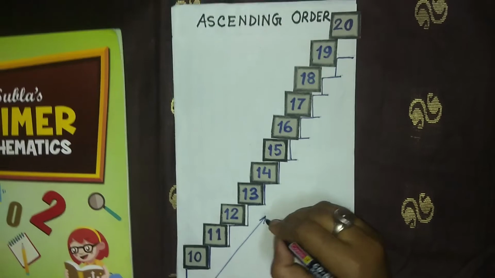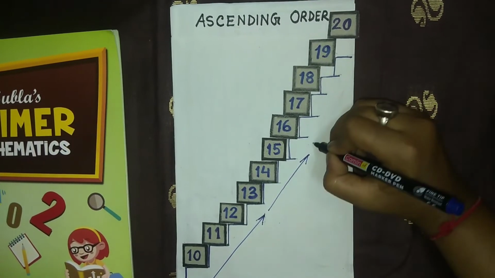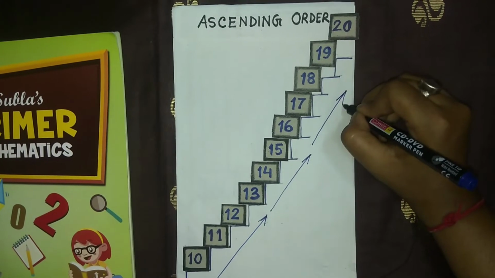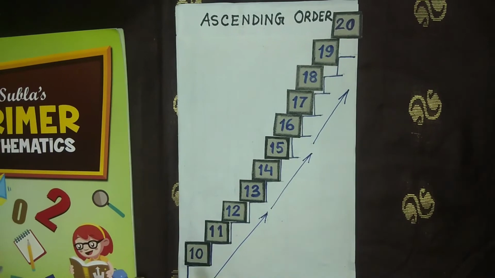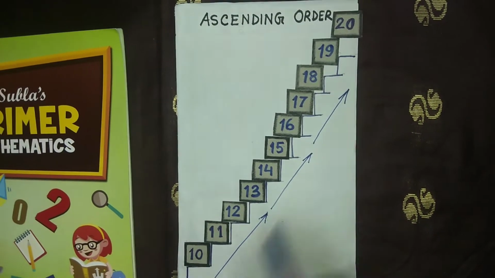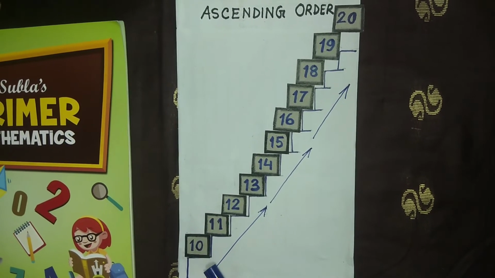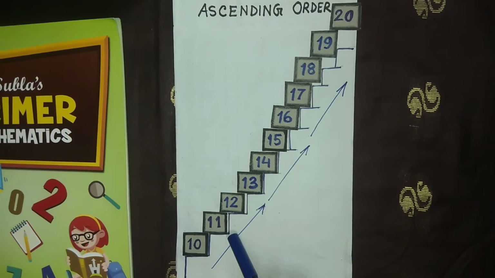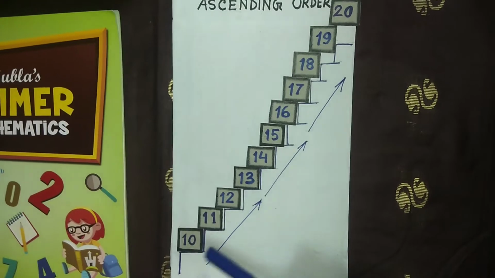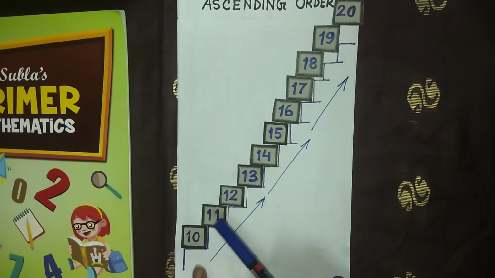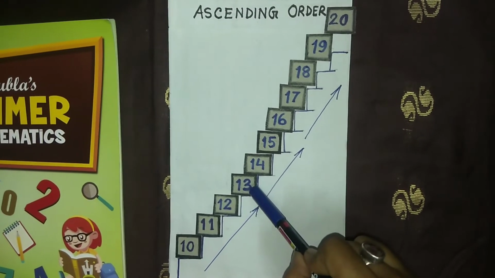This arrow is showing this upward direction, so it is called ascending direction or ascending way. We have arranged these numbers in ascending way. First, 10 is the smallest one. After that 11, after that 12, because it is the immediate number. The immediate number after 10 is 11, then 12, and then 13.